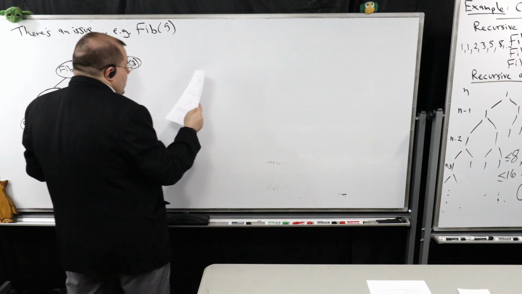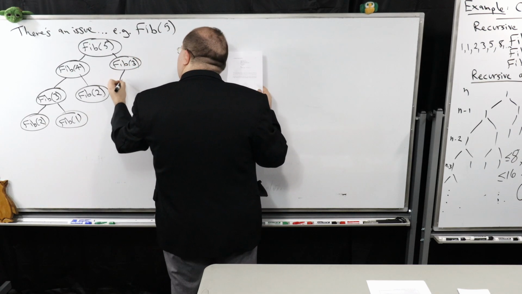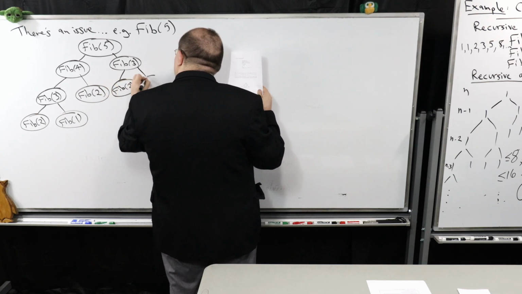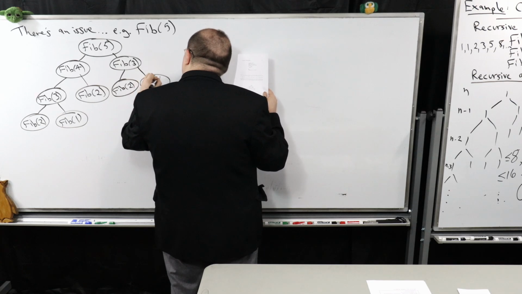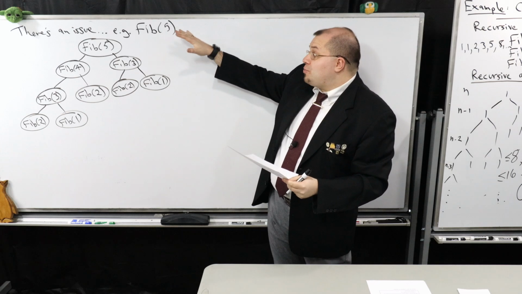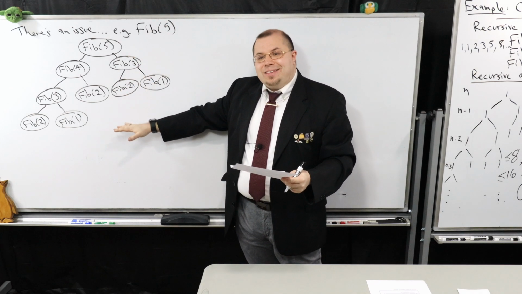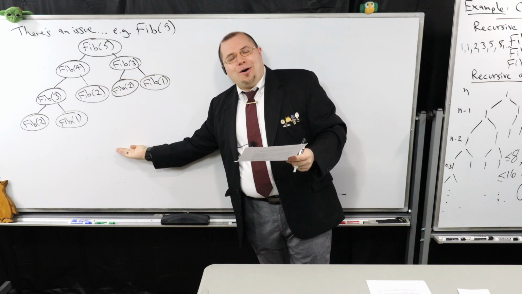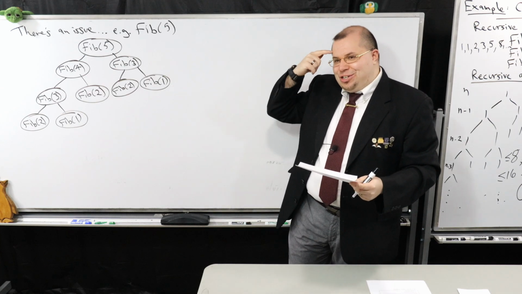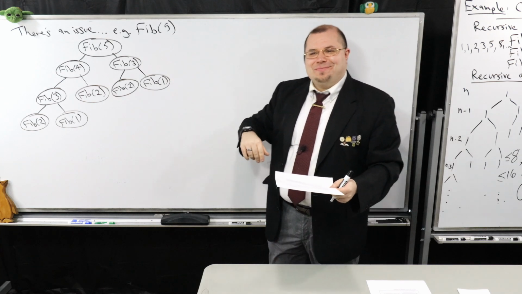Likewise, for fib of 3, I also have to do fib of 2 and fib of 1. That's what the algorithm will do. So when I go through all of the recursion, I'm just summarizing what all the invocations will be in the form of a tree. Now, do you see the problem yet?